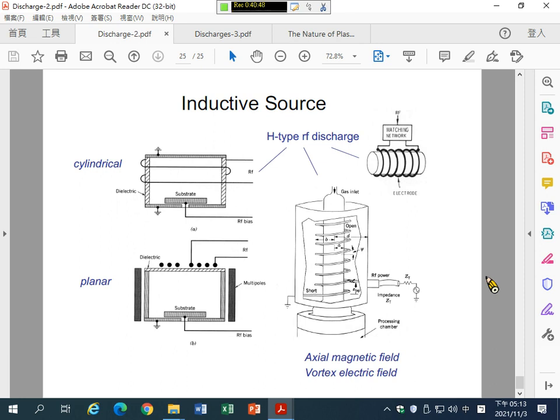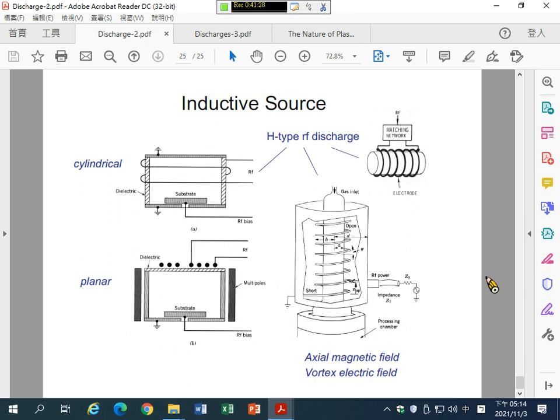So there will be a magnetic field along the axial direction, and the magnetic field will cause the electrons to follow a circular motion inside your system.